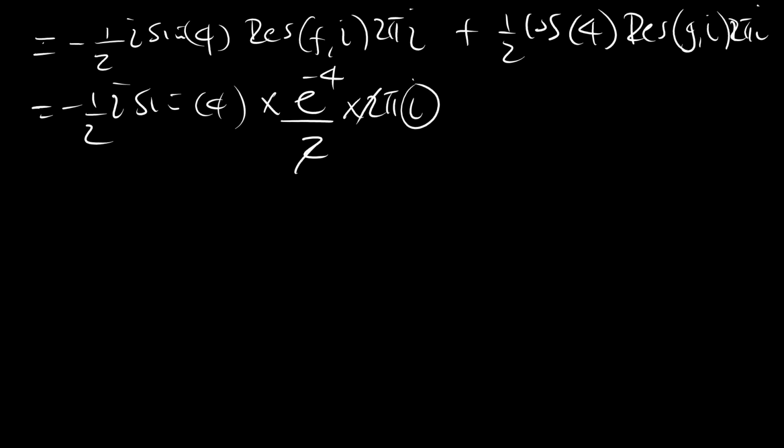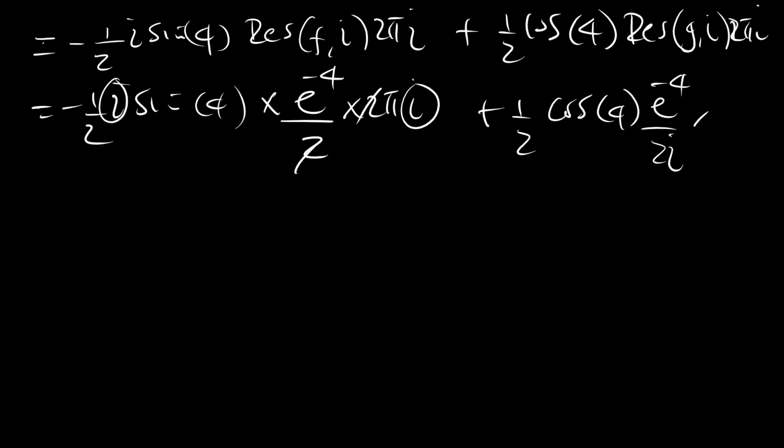This i and this i interact to make negative 1, and here we have e to the power negative 4 over 2i times 2 pi i. We have this and that interacting, this and that interacting.